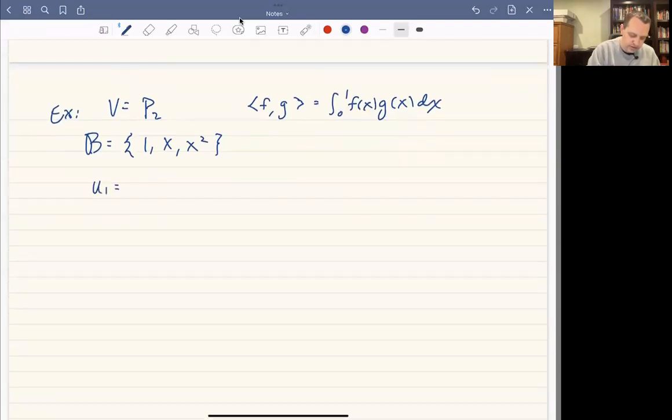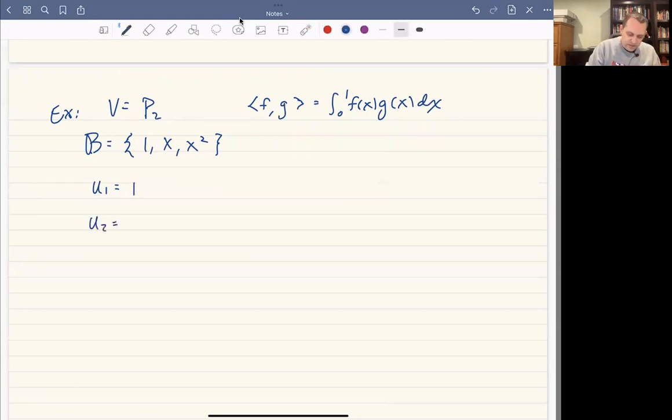U1 is just going to be V1. No questions there. That is already unit length because we're integrating the constant 1 over an interval of length 1, and therefore we'll have area 1. So that is luckily already unit length.